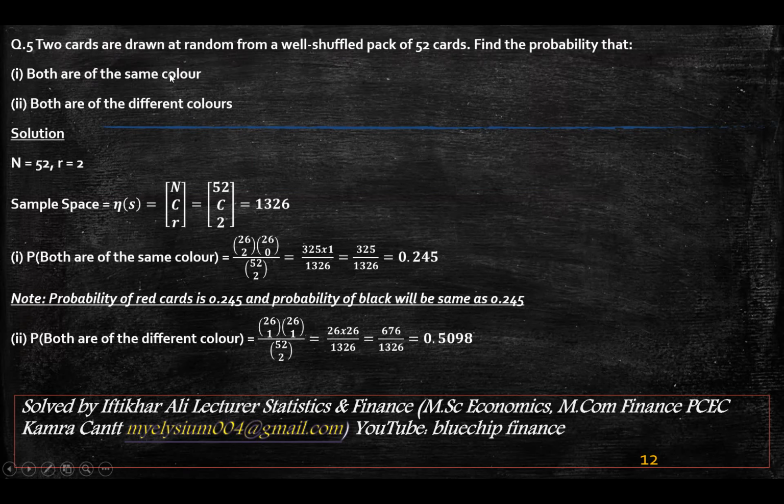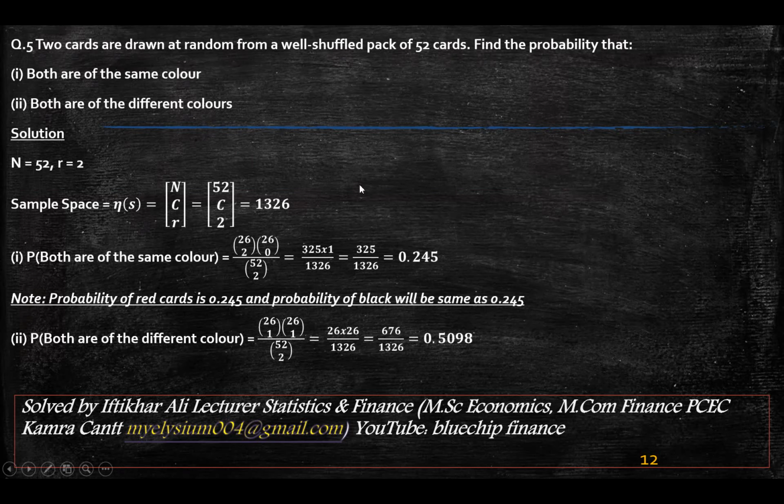Question number 5. Two cards are drawn at random from a well shuffled pack of 52 cards. Find the probability that both are of same color, both are of different color. First of all, we need the sample space, because it is the case in which the draw is more than one, as you are seeing here that two cards are drawn.